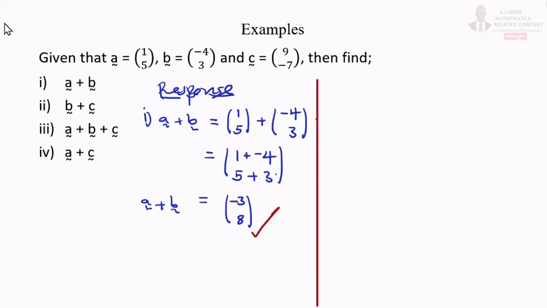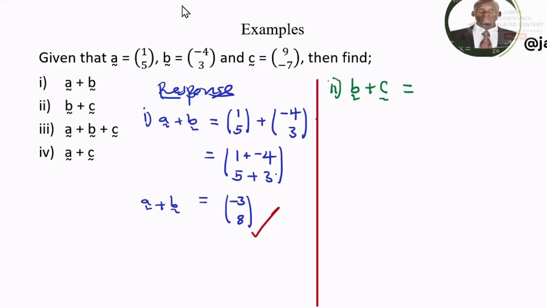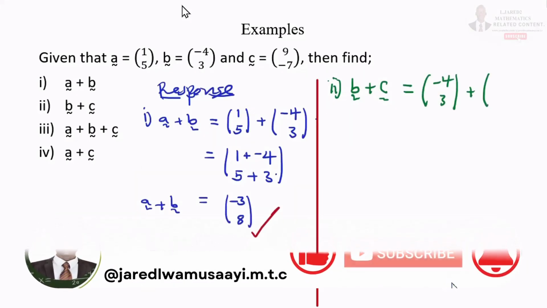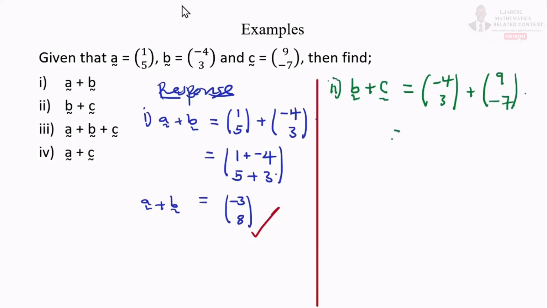Then we have Roman number 2, which is vector B plus vector C. We substitute: vector B is negative 4, 3 plus vector C, which is 9, negative 7. As we simplify, we add the respective components, so negative 4 plus 9, then 3 plus negative 7.